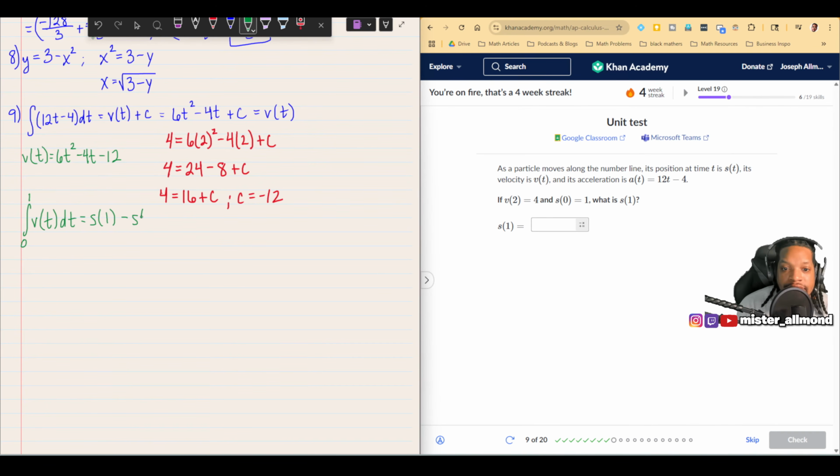I got 20 total, so we'll see how this goes. All right, so boom, that's my FTC formula. S of 1 is what I'm trying to find, so I'll leave that as is. Minus, they tell us s of 0 is 1. And then the integral of my velocity, I can easily get that. That should be 2t cubed.